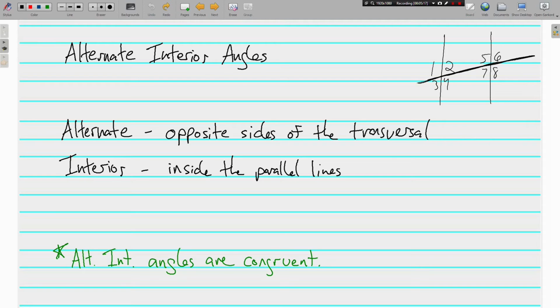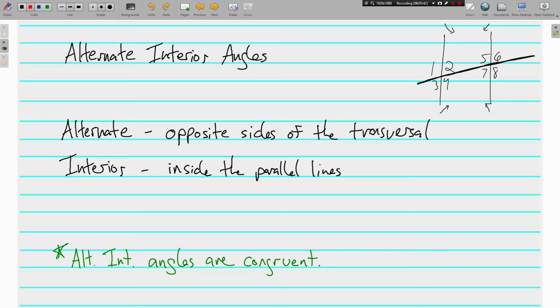And if we're talking about being on the opposite sides of the transversal, well, the way this is drawn, that means one angle from the top and one angle from the bottom. Interior means inside the parallel lines, inside this way.